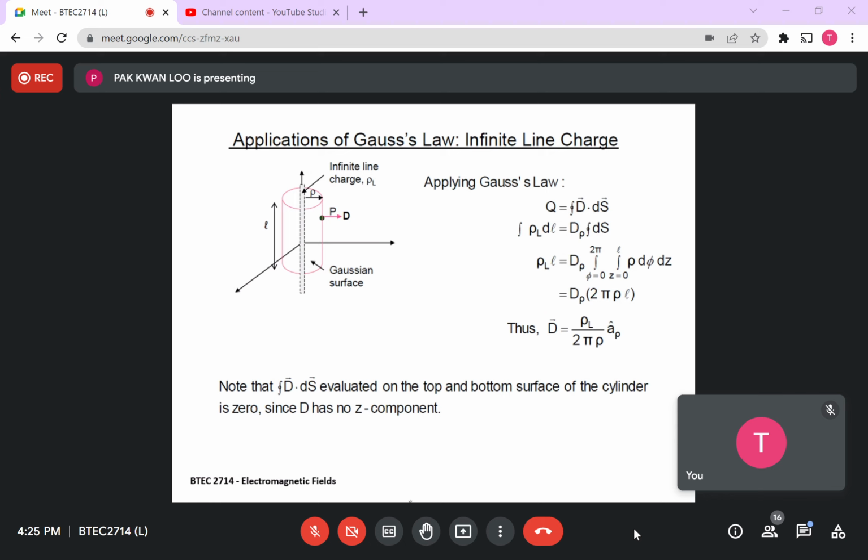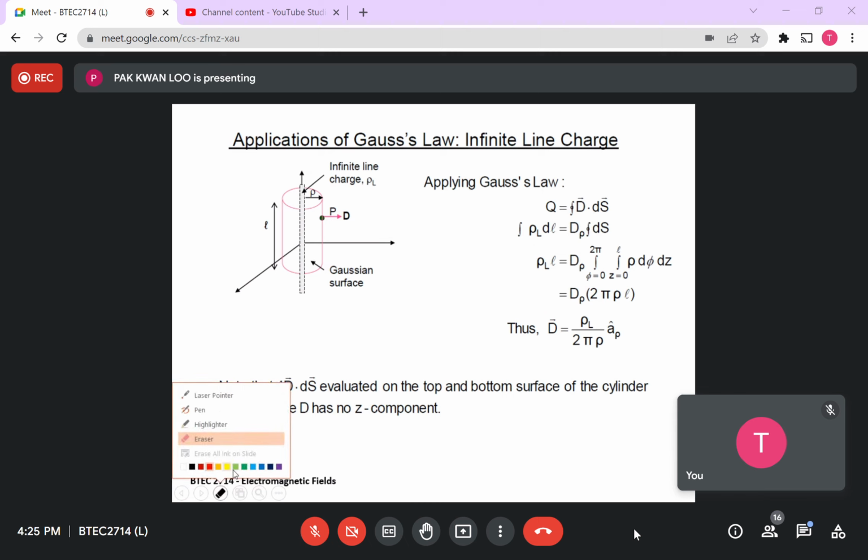Following what I have mentioned just now, we have to choose a Gaussian surface such that at any point where we stand on the Gaussian surface and observe the charge distribution, the charge distribution must not change. From our point of view, it will not change.